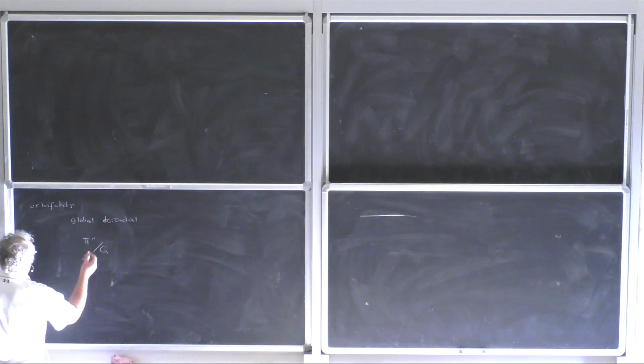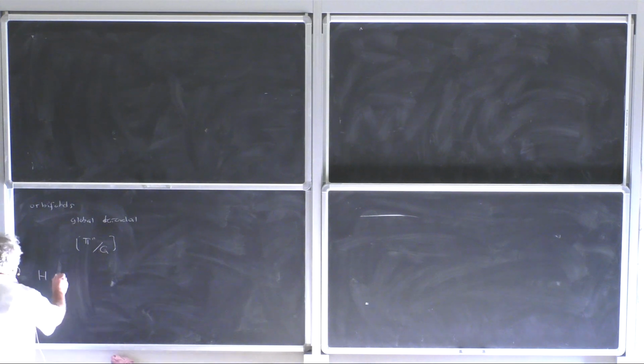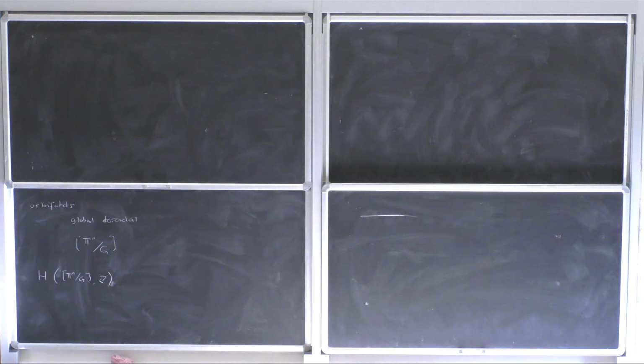In general, this is not a manifold, but this is called an orbifold. And you might be interested in seeing how T-duality acts in such a situation. So you might want to see how it acts on appropriately defined cohomology groups on these orbifolds.